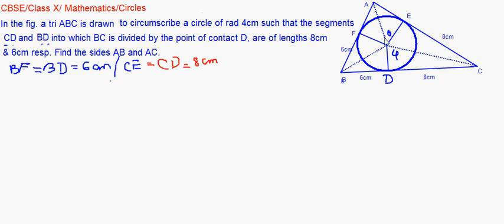As we don't have this information, let me assume the name X. In that case, AE is equal to AF, equal to X centimeter.